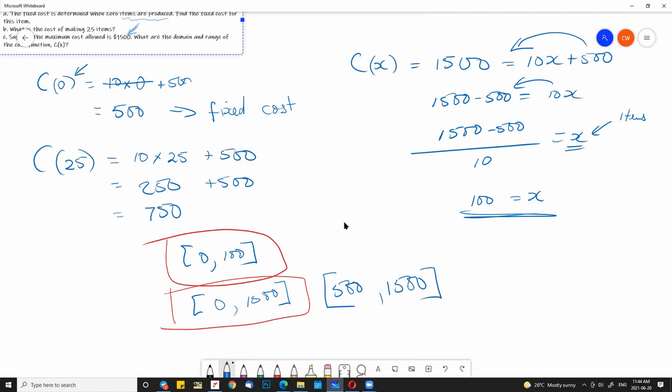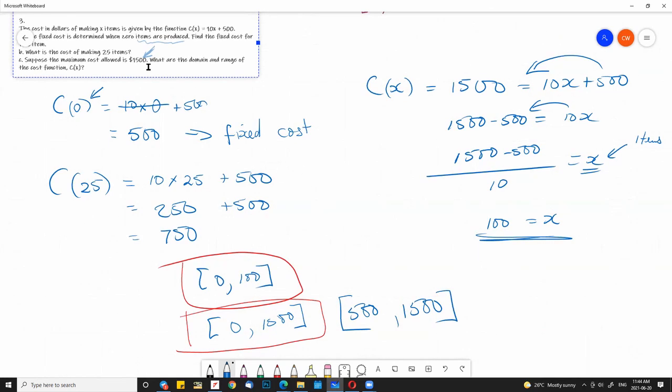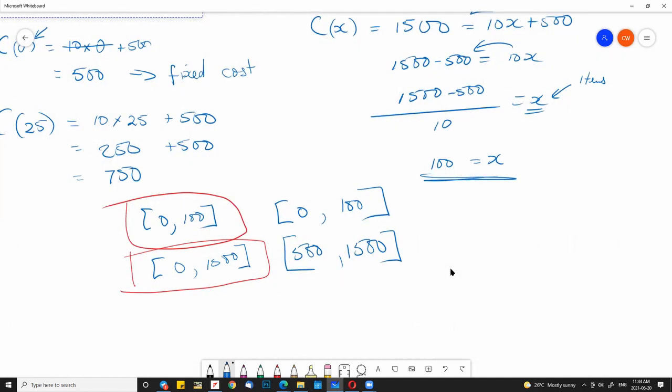And 500 relates to 0 items, and 1,500 relates to 100 items.